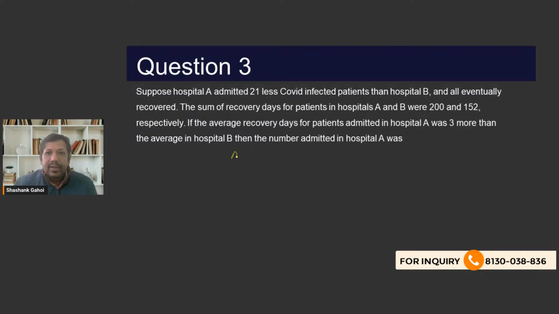So hospital A has sum of recovery days for all the patients as 200, and B it is 152. Okay, and hospital A admitted 21 less COVID infected patients than hospital B. So if hospital A is having X people admitted, then hospital B is having X plus 21. Okay, so that's what the question says.